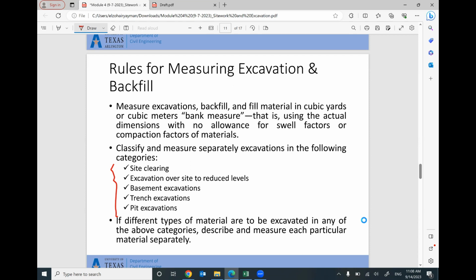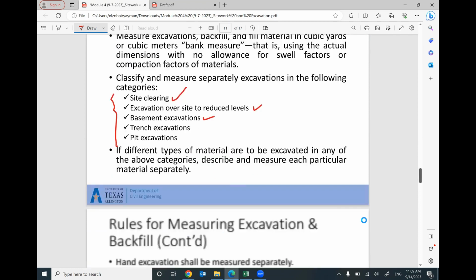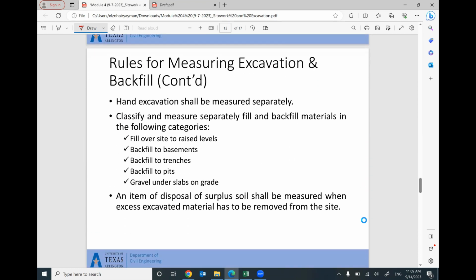No. If you are doing site clearing, you have to consider this in a different category. Excavation over the site to reduce level is one category. Basement excavation, one category. If you have foundation excavation, it's a different category. So every activity related to soil must be considered a different category. Also, if you have hand excavation, it will be a different scenario because we have workers, we don't have equipment.